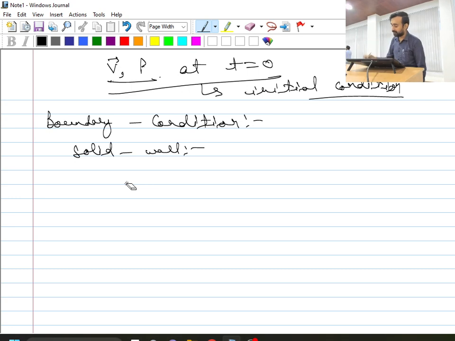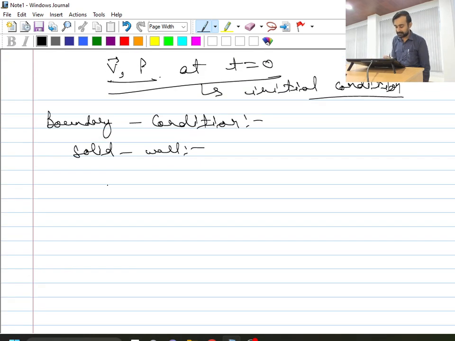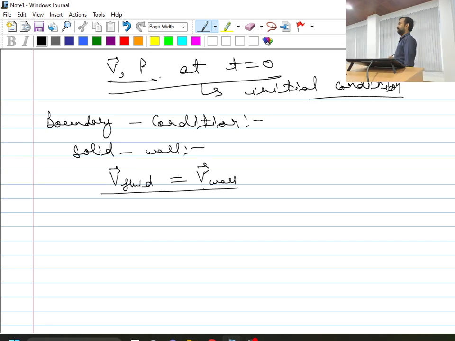Or in other words, I can say in more generic sense, this wall can also have some velocity. Say if V wall is the velocity of the wall. Okay. So ultimately, if V wall is the velocity vector of the wall, then I can say that V fluid will be equal to V wall at the junction.